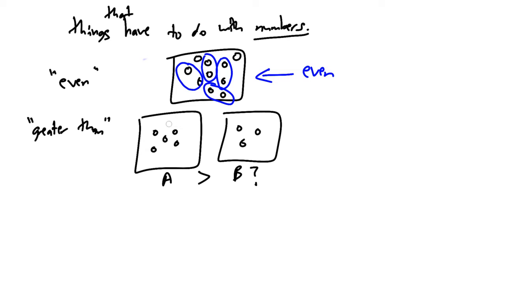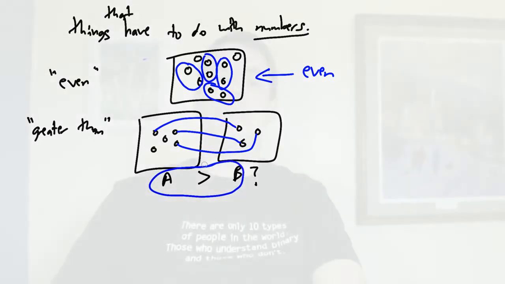And the reason is, if I pair these up, 1 for 1, 1 for 1, 1 for 1, I run out of rocks in the B box before I run out of rocks in the A box. And that is what it means to say that A is greater than B. Greater than is a number concept. It is not a base concept.